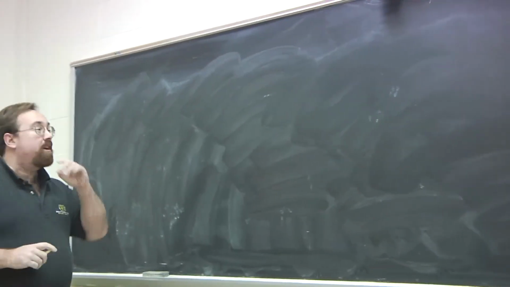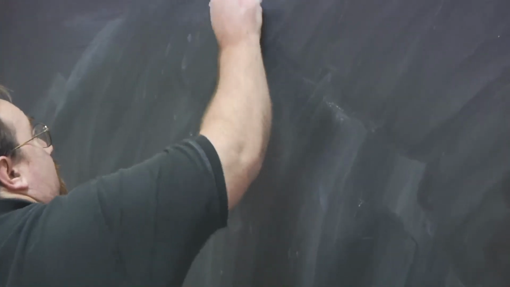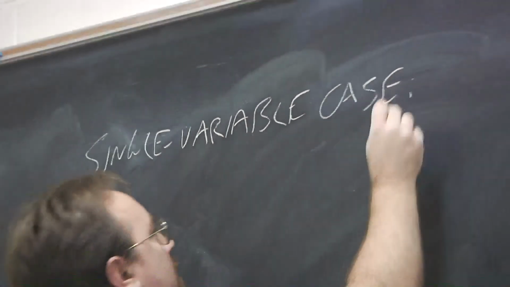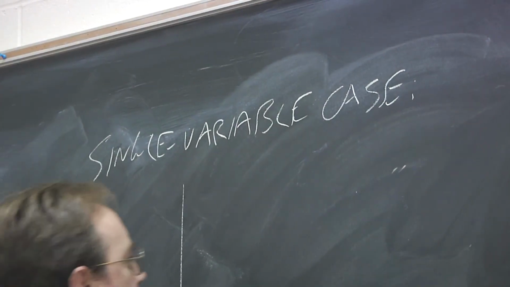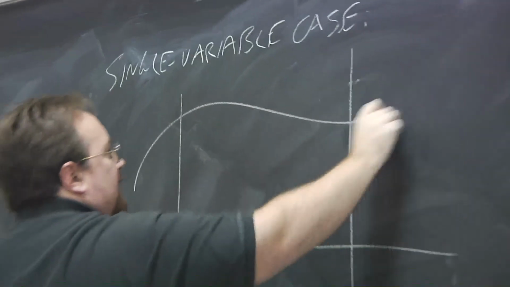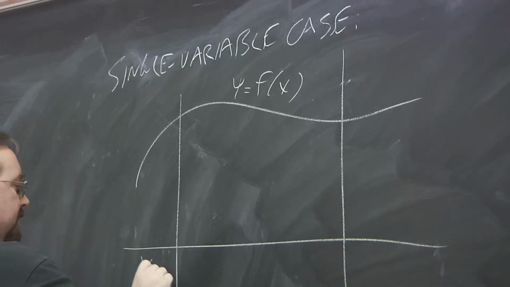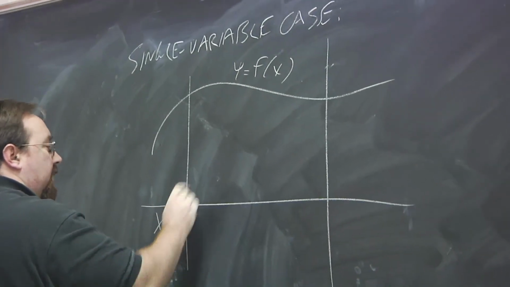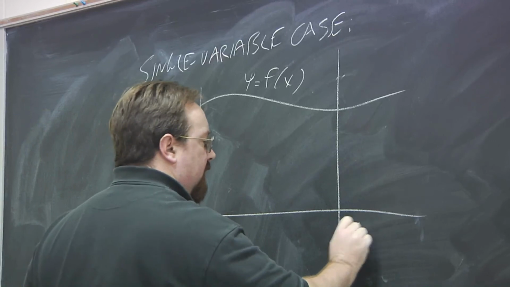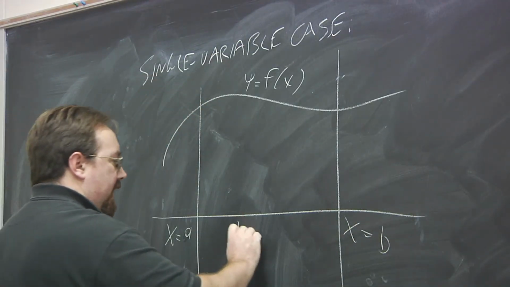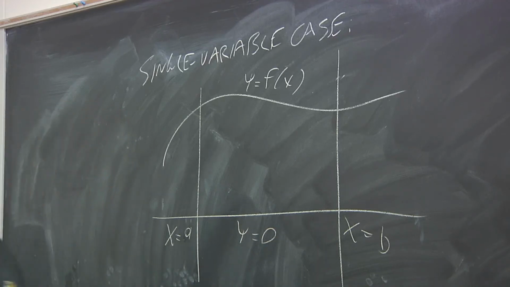So to refresh your memory from the single variable case, we looked at the problem of computing the area of a region like this. It's bounded up top by the graph of a function, these 2 vertical lines, x equals a and x equals b, and down below by y equals 0.